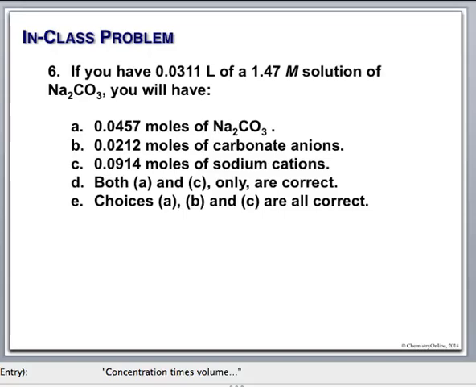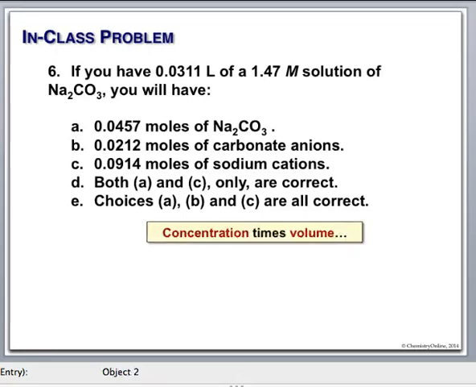Now, there are two things that I told you to please always remember. Mass over molar mass is moles, right? And the other thing is concentration times volume is moles. Here we have a concentration and we have a volume. If we multiply concentration, that's moles per liter, by liters, we will get moles.